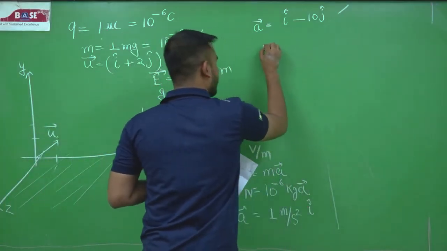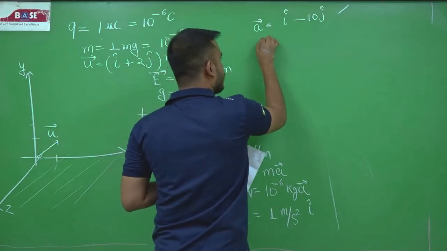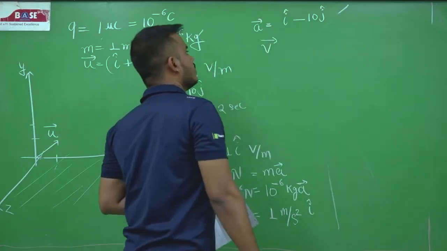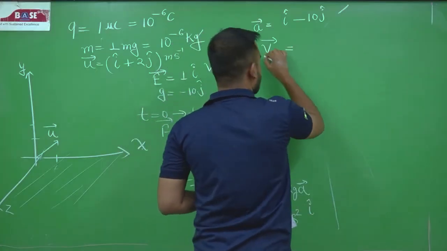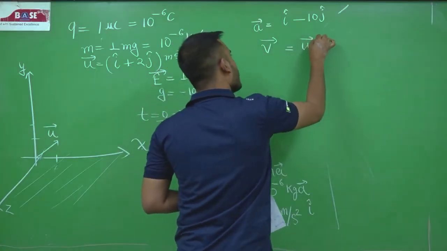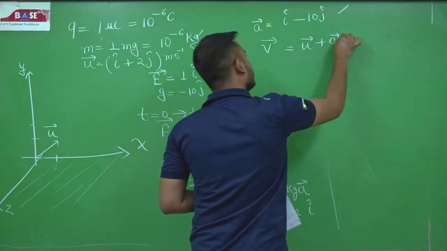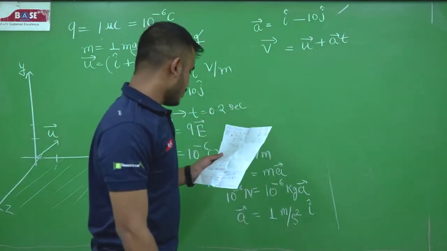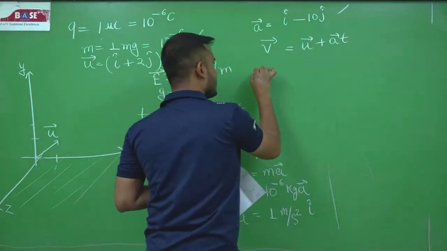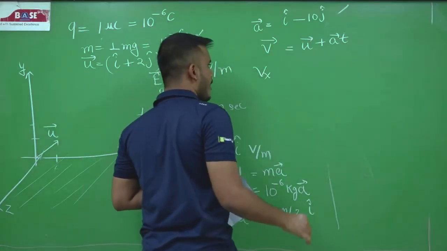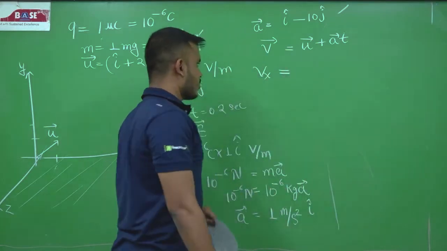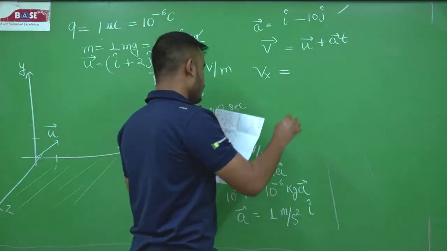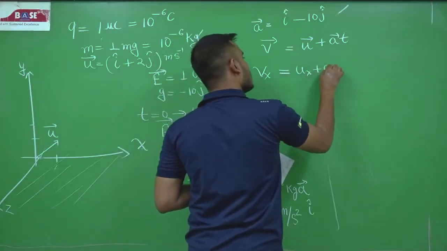So what can we find here? After 0.2 second, what will be the condition? Let's say the final velocity after 0.2 second is v vector equals u plus a vector t. First equation. Now we will analyze the x direction, y direction and z direction. For the x direction, vx equals ux plus ax t.